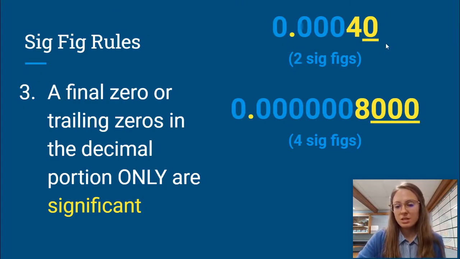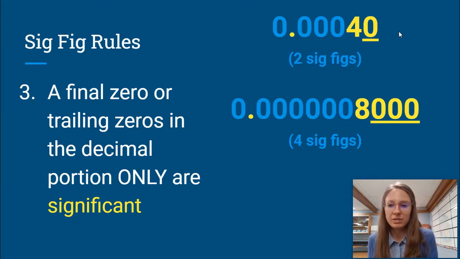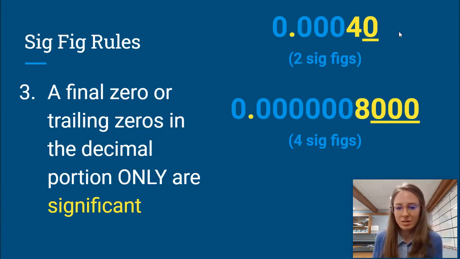So you see in this top value here, the 4 is significant, says rule number 1 that all non-zero digits are significant. The 0 after it, because this is after the decimal, is always going to be significant.